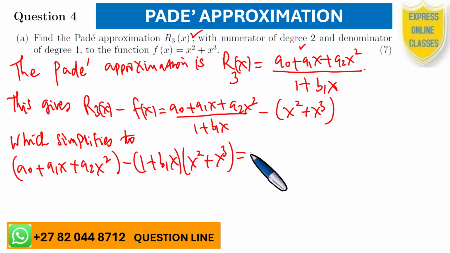Okay, and if you do this, you'd have to equate it to 0.